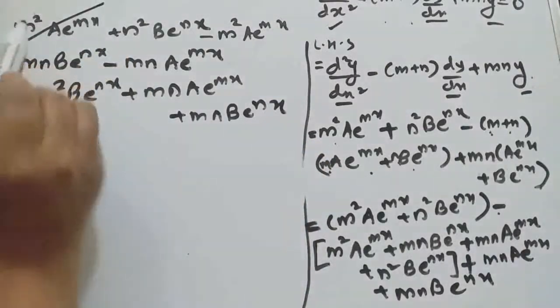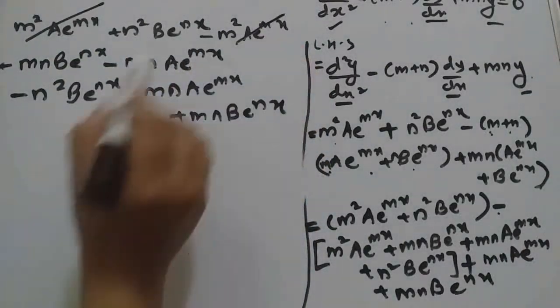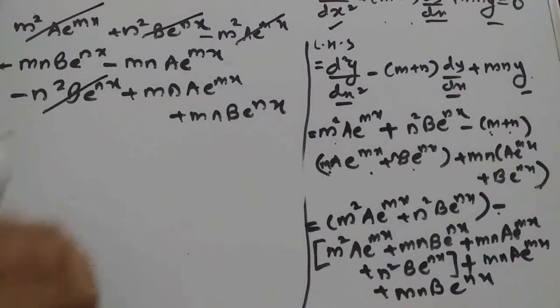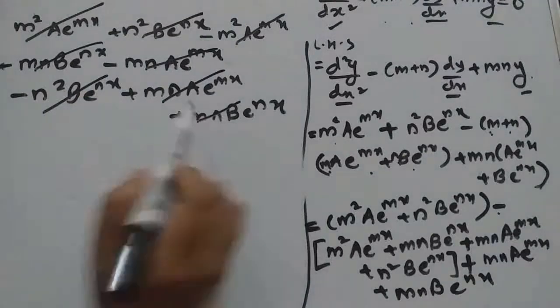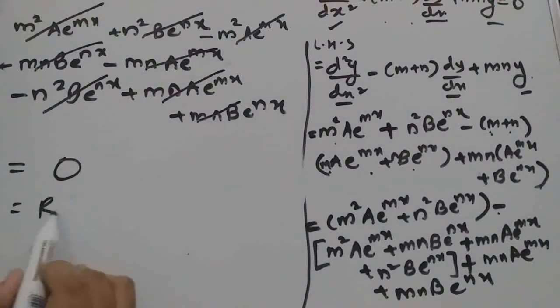So see, plus m² minus m² cancel, plus n² minus n² cancel, mnA minus mnA cancel. So what we got here? 0, which is the right hand side.